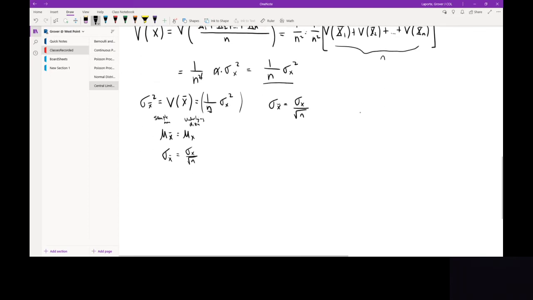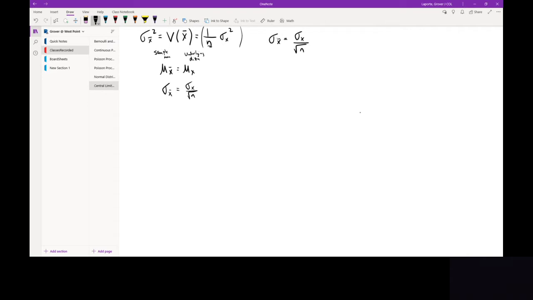All right, the next thing we're going to talk about is the central limit theorem. It's very important in the world of statistics that you understand what the central limit theorem is saying.